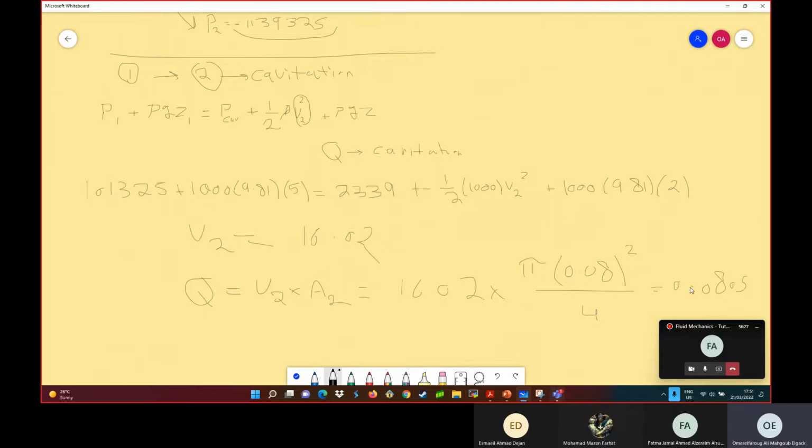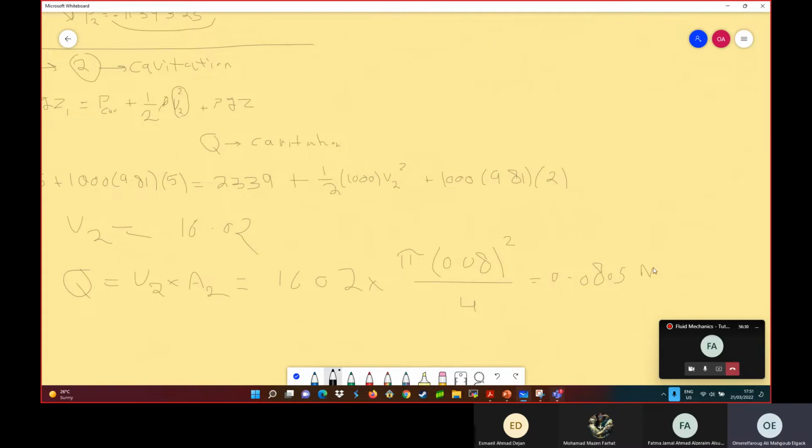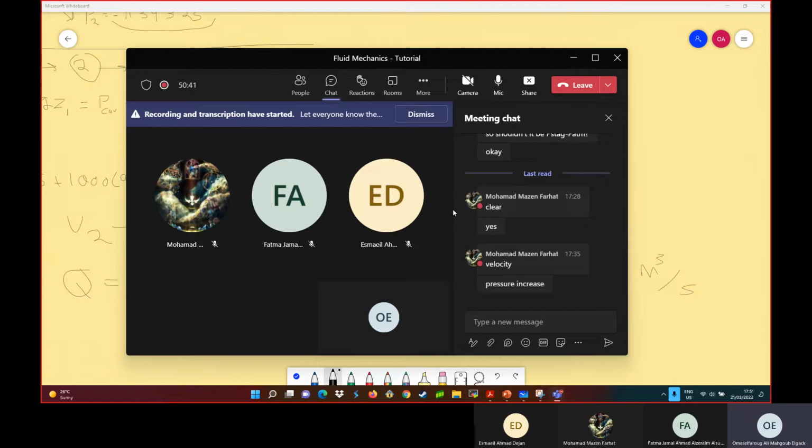That gives 0.0805 meter cubed per second. Okay, clear?